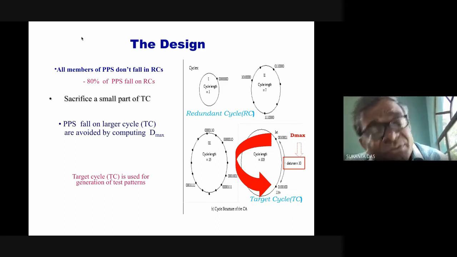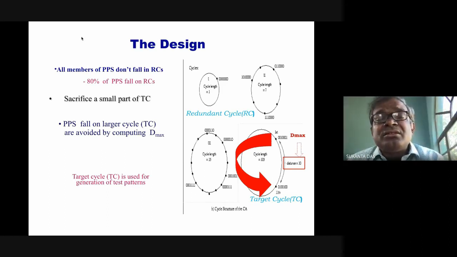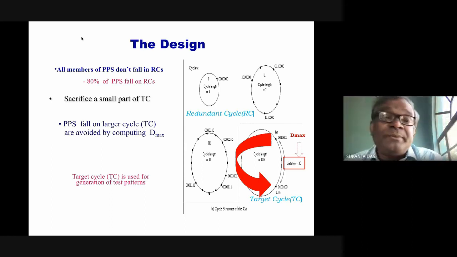If so, you start with any pattern, and if you run the CA, the other patterns will be generated. So cellular automata can generate test patterns automatically.